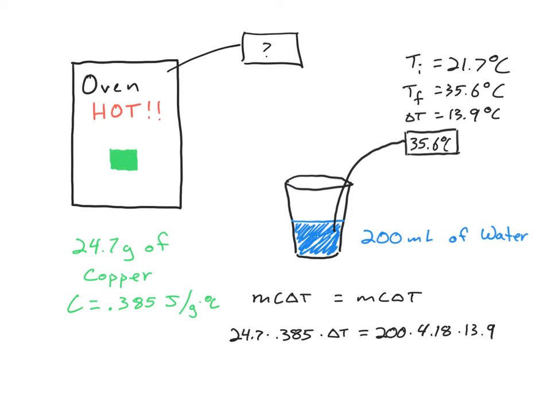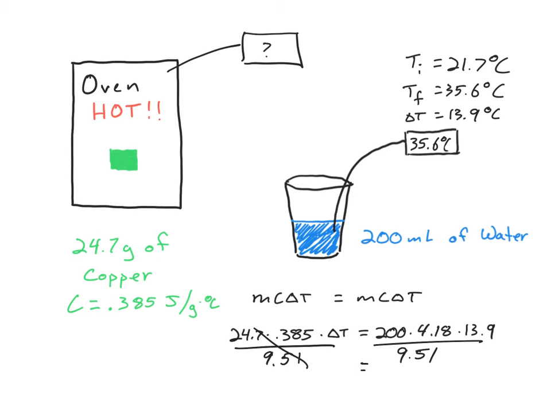So if I take 24.7, multiply it by 0.385, that's going to give me 9.51. So I'm going to divide both sides by 9.51. So 200 times 4.18 times 13.9 is equal to, big number, 11,600, divided by 9.51.